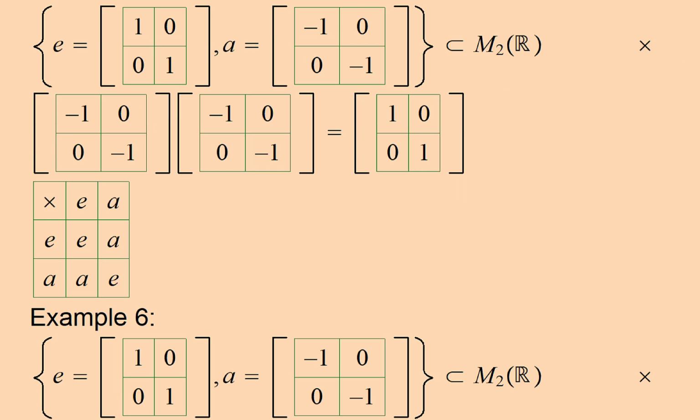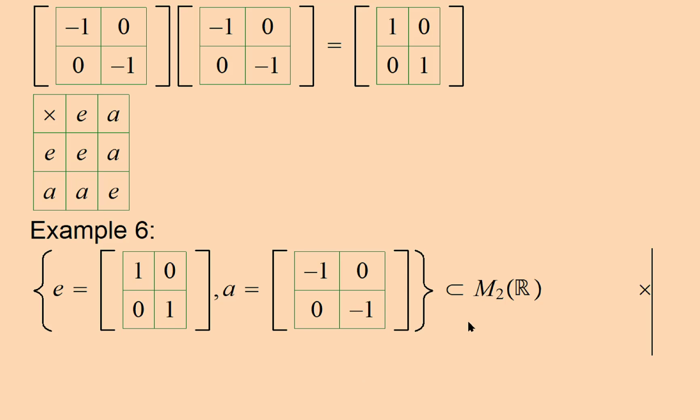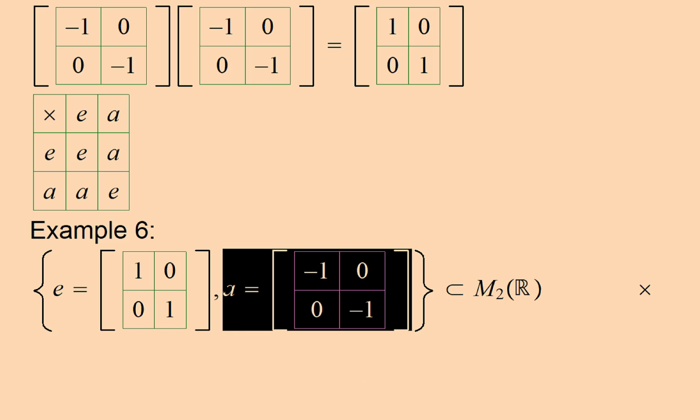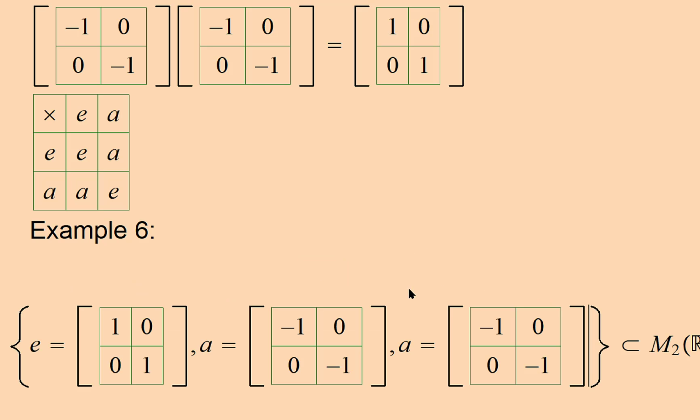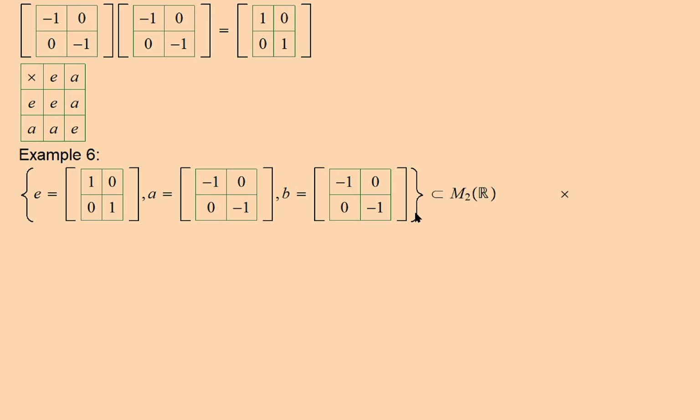We may expand this a little by changing these elements and then examining that. Say this is B. In B I'm going to change the sign of one of these.